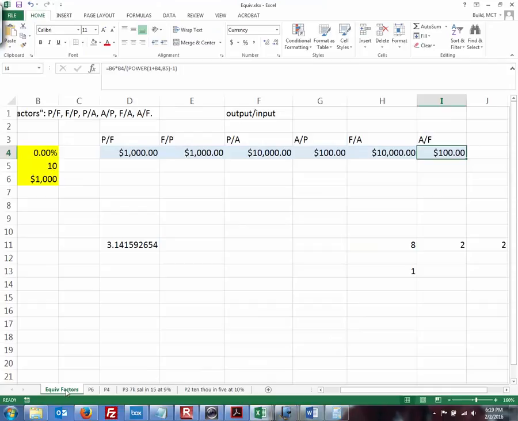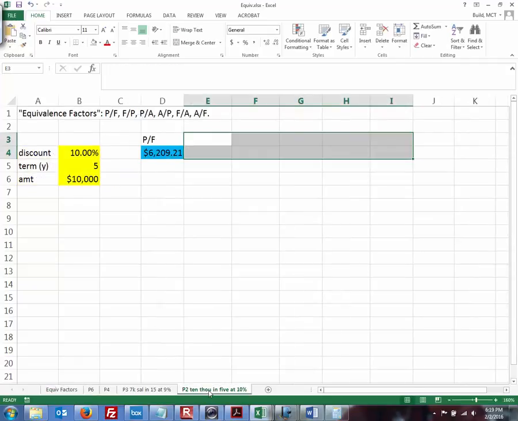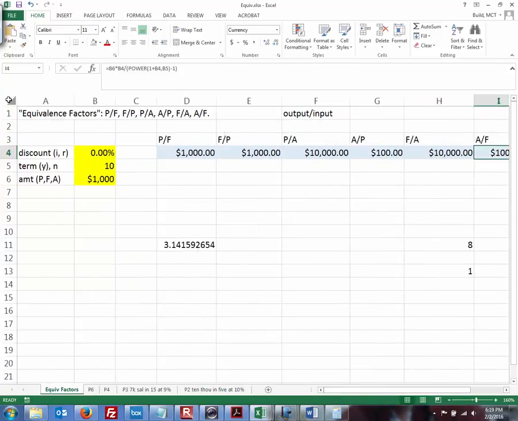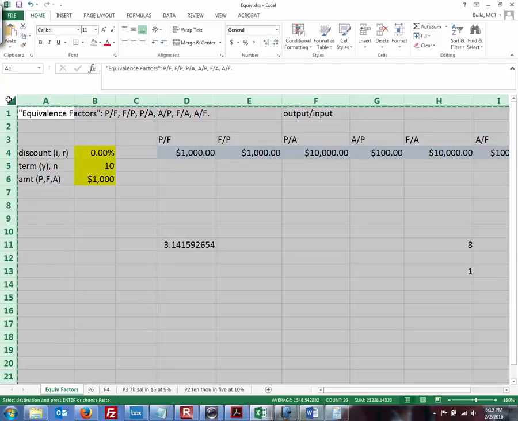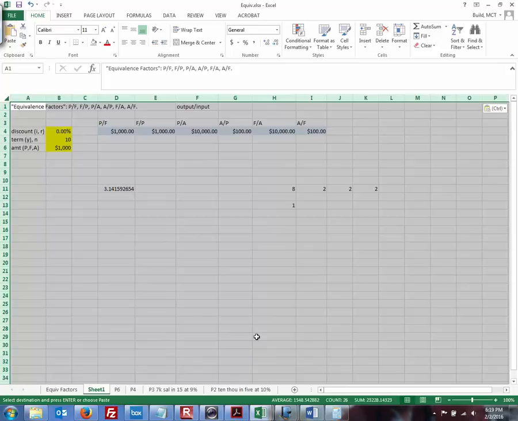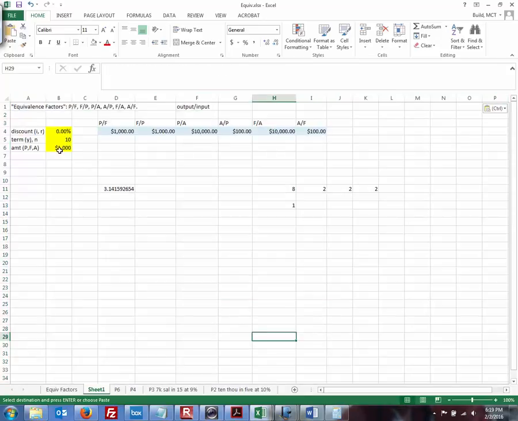So this is the equivalent factors I built, and what I've done here is take this whole sheet, copy it, put it in a new sheet, paste it. It's all right there, and then just switch your numbers. Call it problem 2, problem 3, whatever. Absolutely, don't build the sheet again.